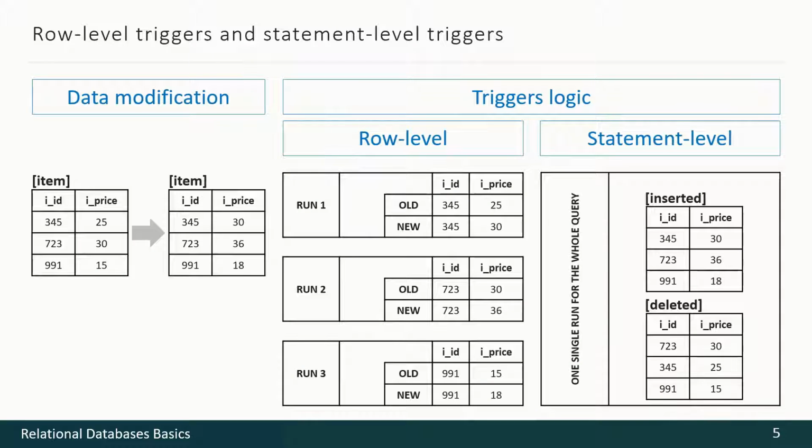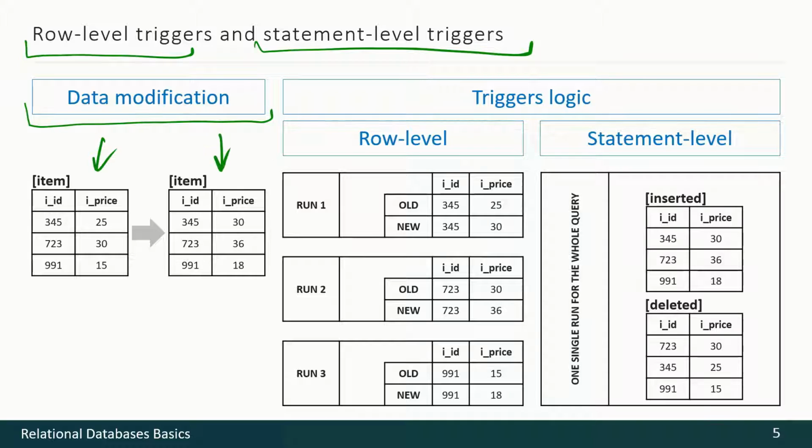And the next huge idea we have to review is how row-level triggers and statement-level triggers work in different DBMSs. Imagine we create a trigger on update for such a situation of data modification. This is the initial state of our table and this is the final state of our table.